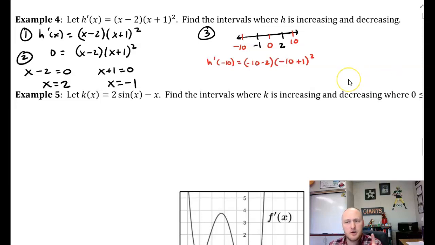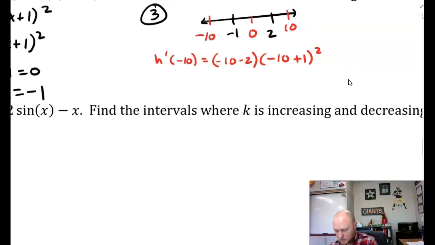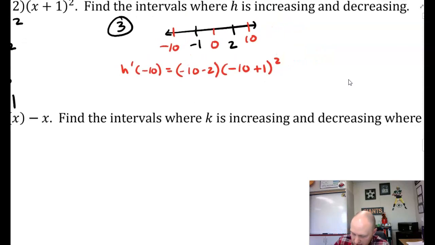Now here's a trick. I'm just going to say, is the relationship positive or negative? Well, -10 minus 2, isn't that negative? -10 plus 1, that's negative, but I'm squaring it, so that's going to be positive. A negative times a positive gives me a negative. So I know that this interval is negative.